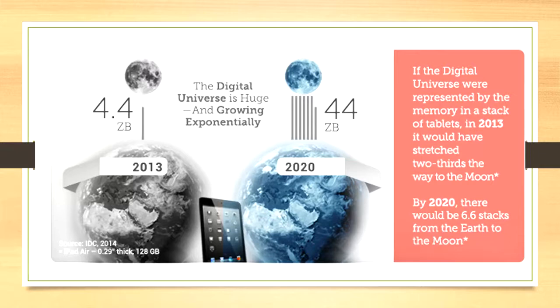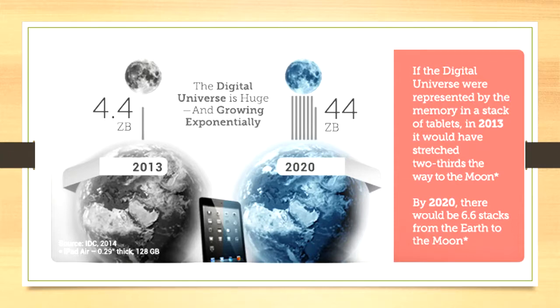This is a way to think about it. If you represent the amount of data that could be stored in a tablet, I can't remember if this was an 8 gig or 16 gig tablet or something, and then you stack those tablets, you could have gotten two thirds of the way to the moon about 7 years ago.